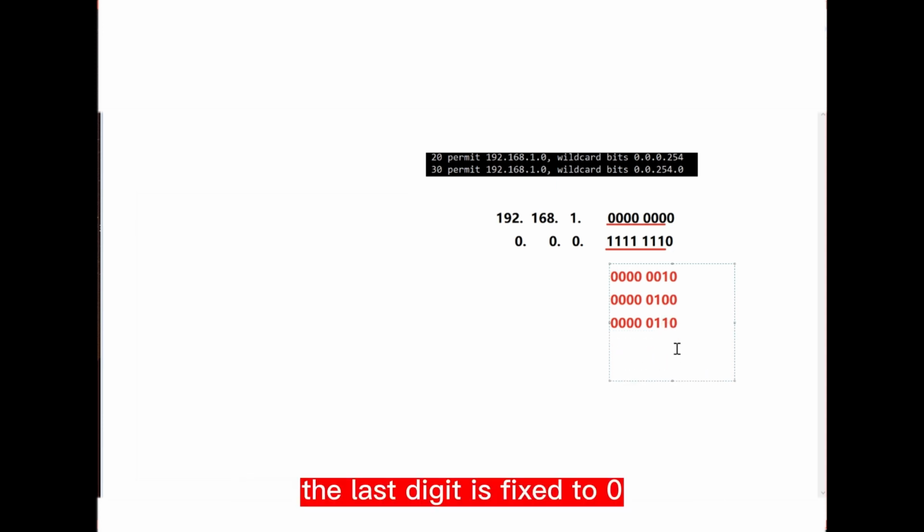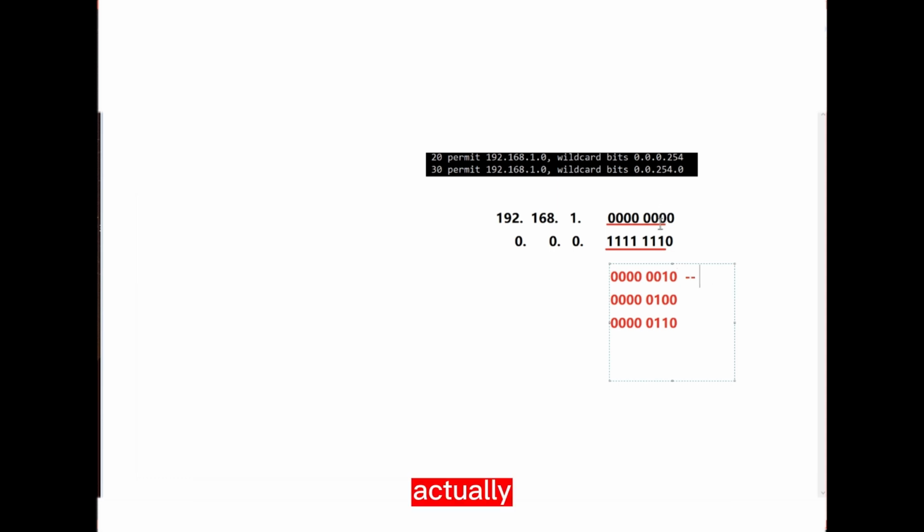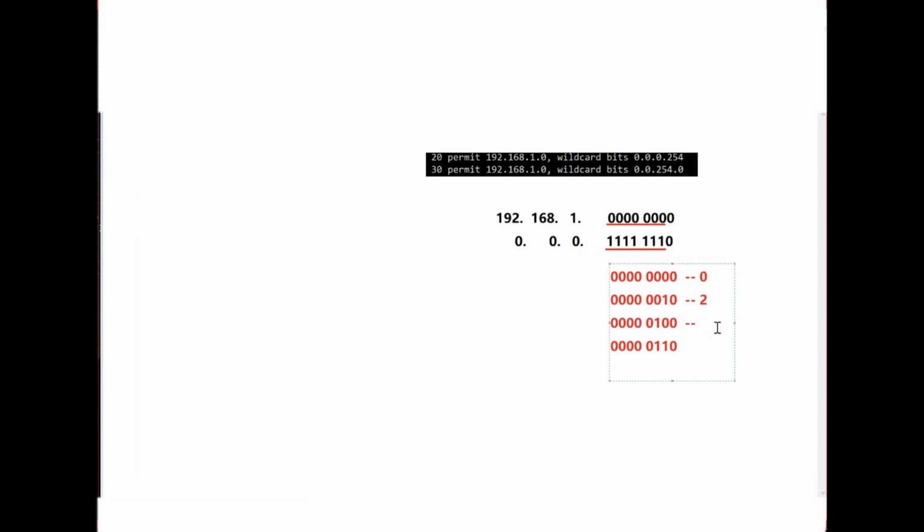The last digit is fixed to 0, and the other bits actually change between 0 and 1. At the beginning, this bit can be 0, which represents 0. If here is 1, it represents 2. If the previous digit is 1, it represents 4. If these 2 bits are 1, it represents 6.